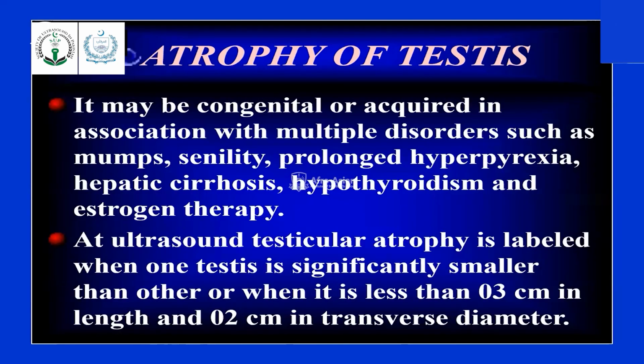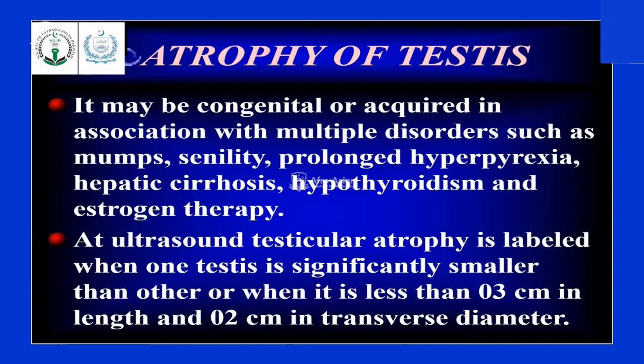In case of atrophy of the testes, it may be congenital or acquired in association with multiple disorders such as mumps, senility, prolonged hyperpyrexia, hepatic cirrhosis, hypothyroidism, and estrogen therapy.